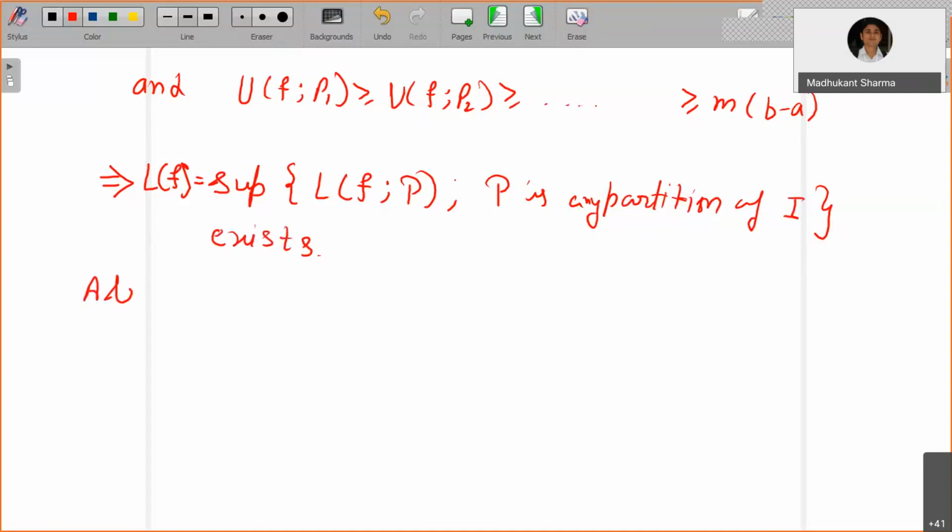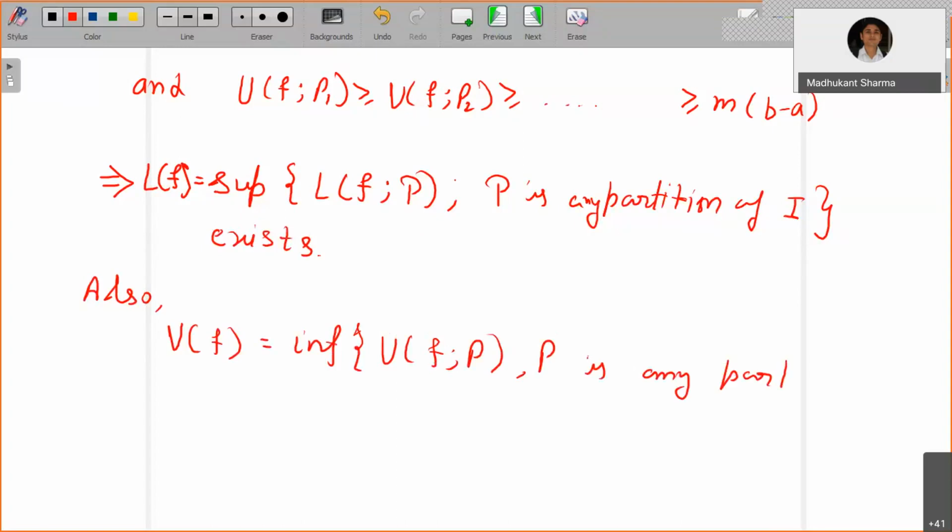Also, Uf, which is the infimum of UFP, where P is any partition of I, does exist. That also exists. So both things will exist, surely.